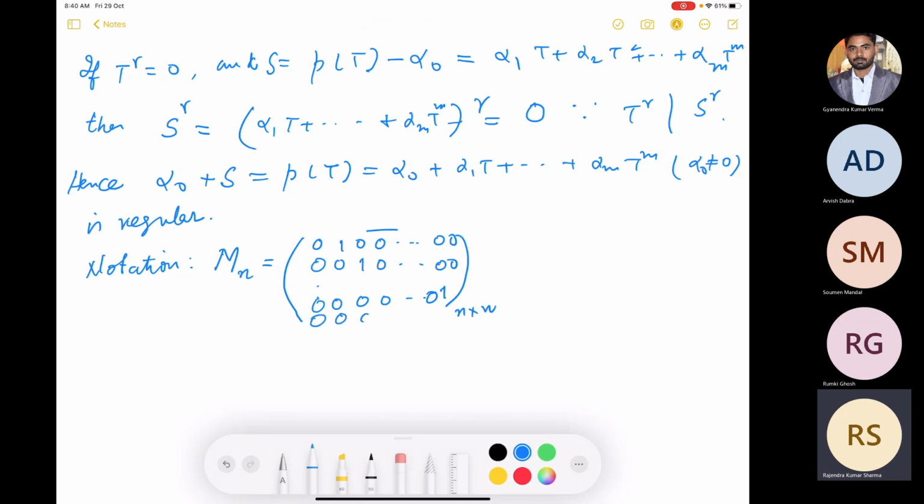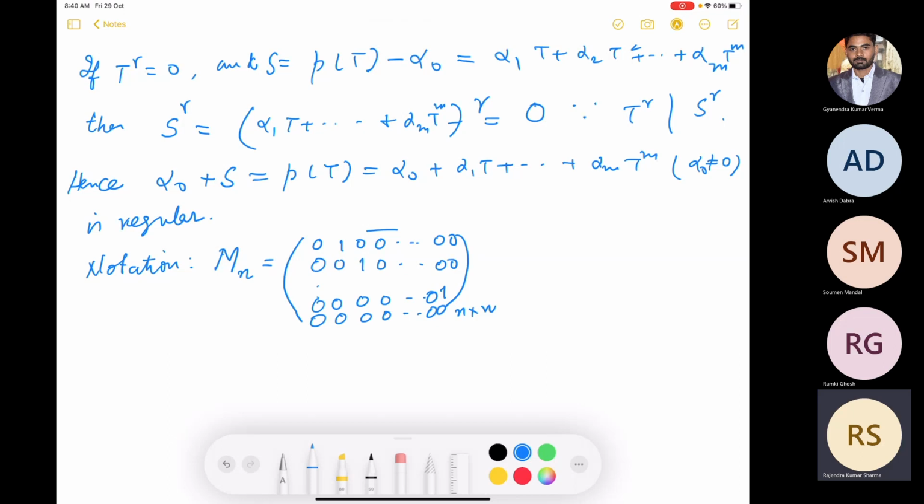The last row zeros only. So you can see that all entries are 0 except the entries on the super diagonal, and all of these entries are equal to 1.